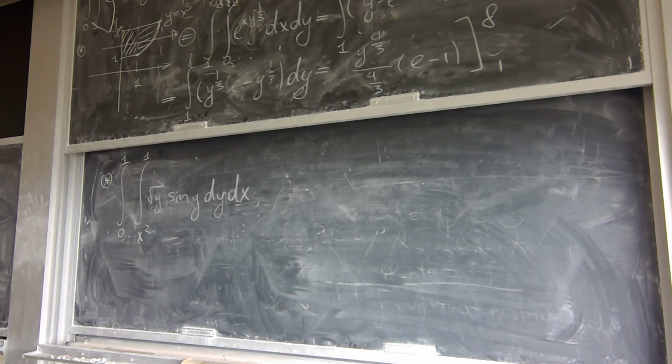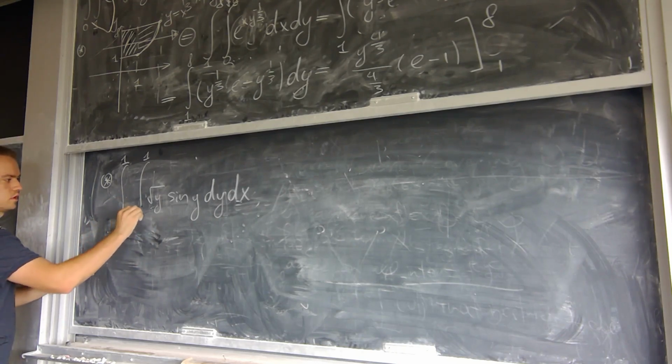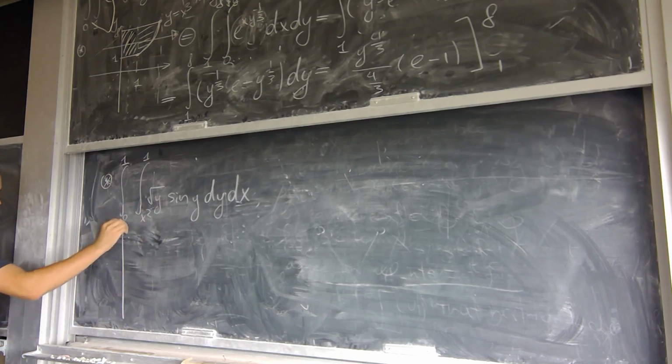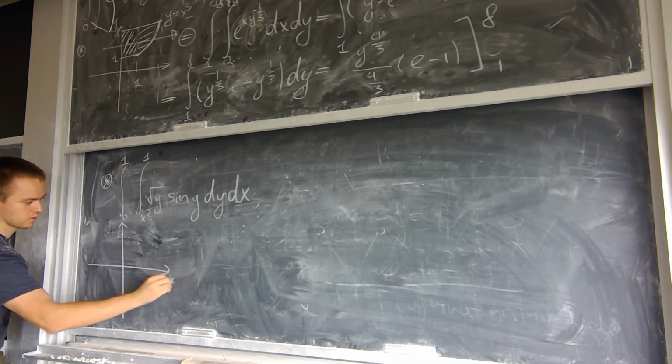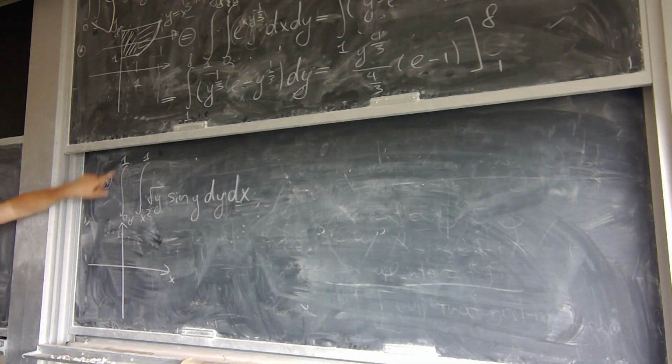Okay, so let's do this problem. First I need to find this region, yes? My integral is big, so let's make it smaller. So this is my xy plane. I'm analyzing my x. My x changes from 0 to 1.